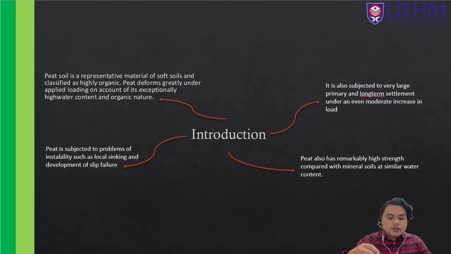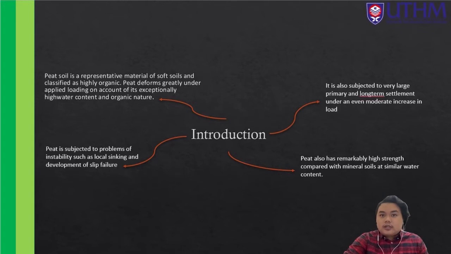As we know, peat soil has typical characteristics, which are high natural moisture content, high compressibility and water holding capacity, low specific gravity, and many more. Peat soil is the representative material of soft soil and is classified as highly organic. Peat deforms greatly under applied loading on account of its exceptionally high water content and organic nature.